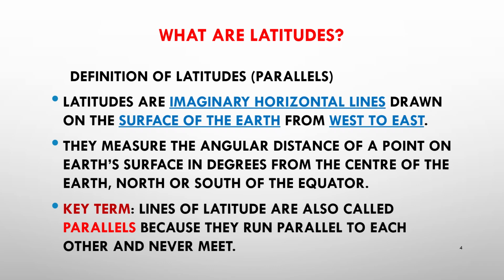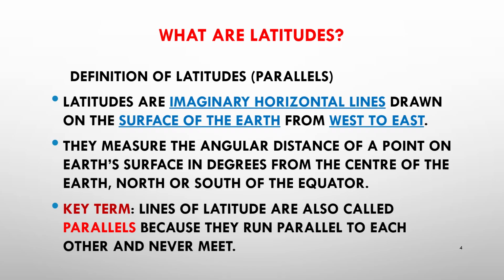The third is they measure the angular distance in degrees from the center of the earth north or south of the equator. This is the key to understanding how latitudes work. We measure distance in degrees, not in kilometers or miles.